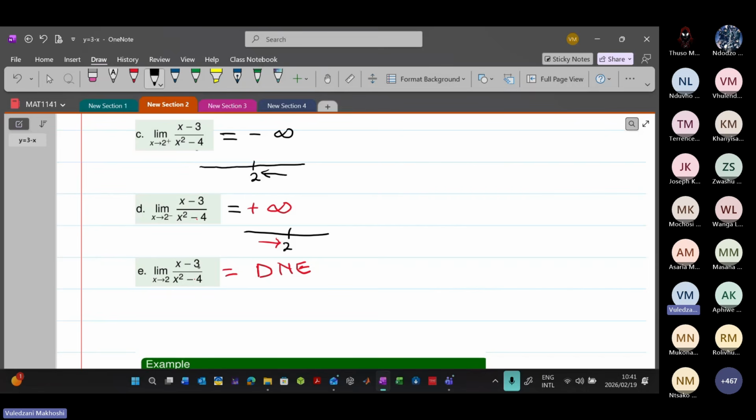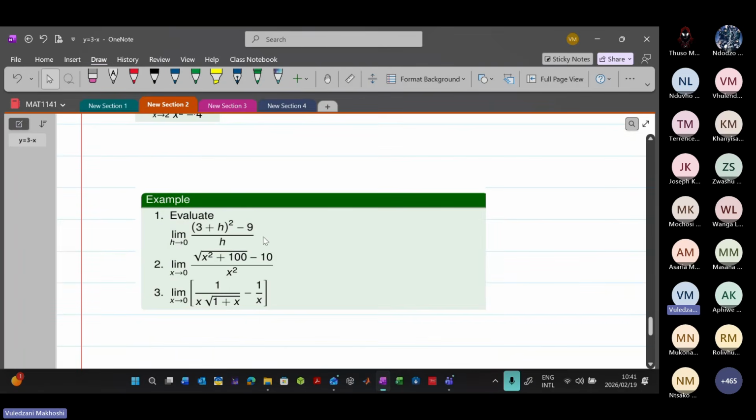Then quickly we conclude that the limit does not exist, because we have a non-zero real number and a 0 when you do direct substitution. So it's a non-zero real number divided by 0, which you cannot remove in any way whatsoever. So that's why we say the limit does not exist.